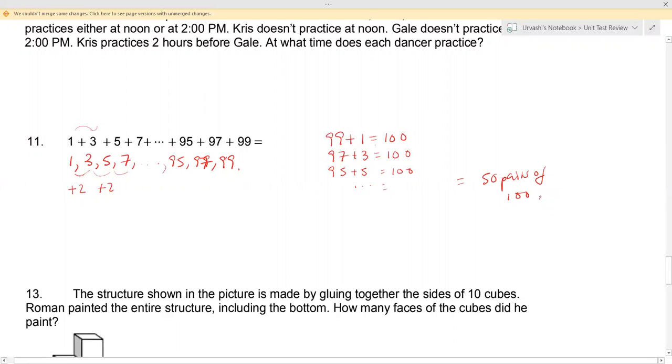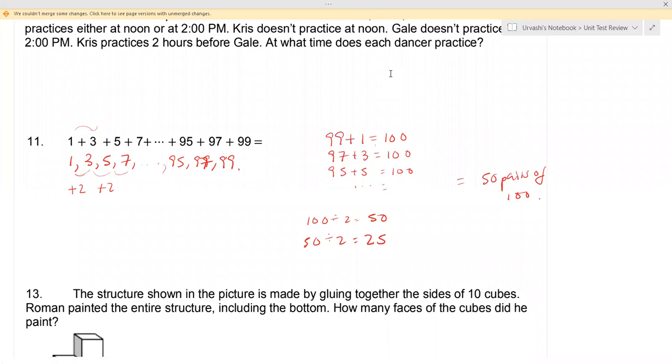And then I did 100 divided by 2 equals 50. And then 50 divided by 2 equals 25. Okay. And I did 25 times 100. 25 times 100 is 2,500.